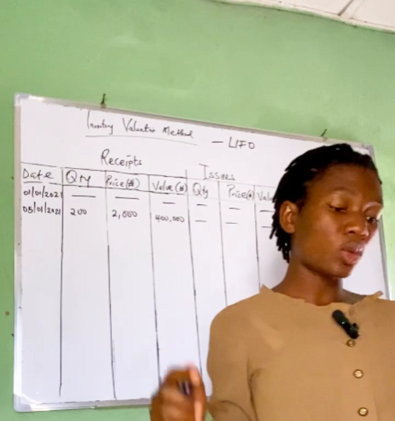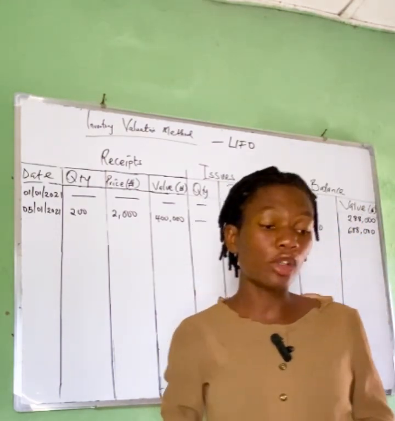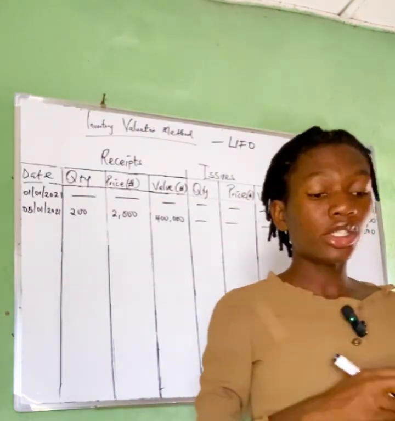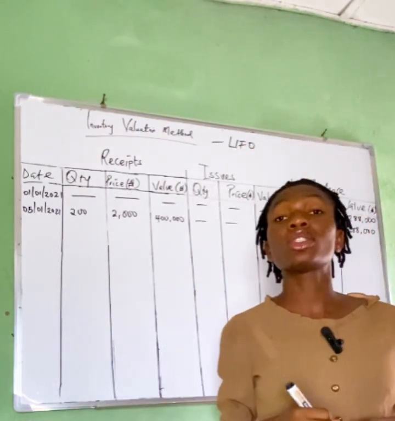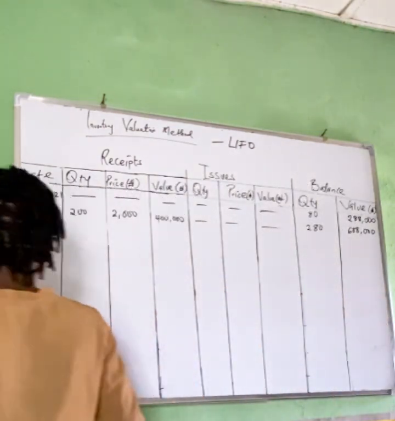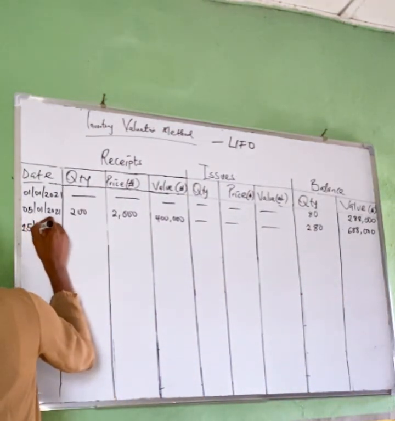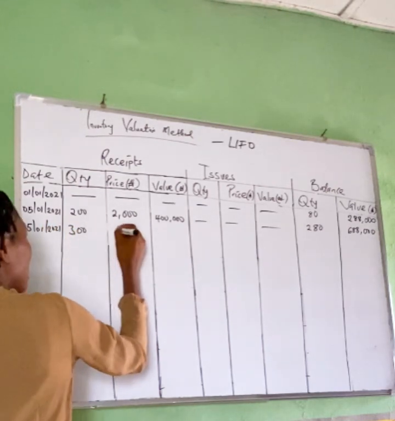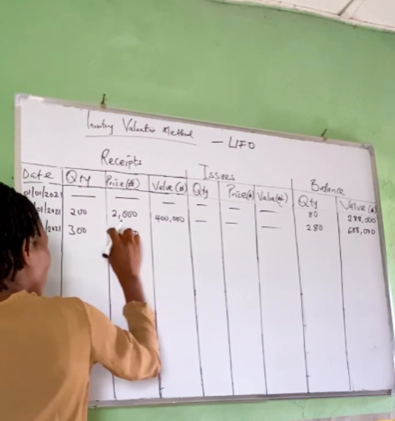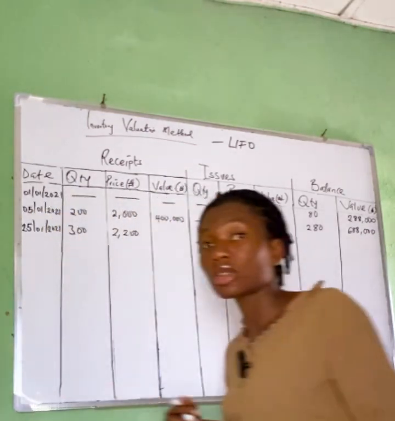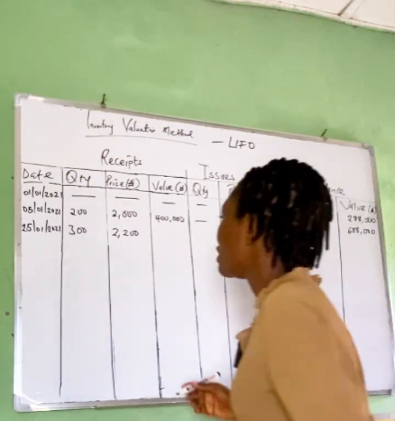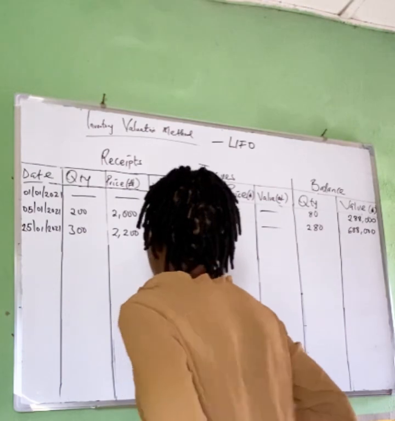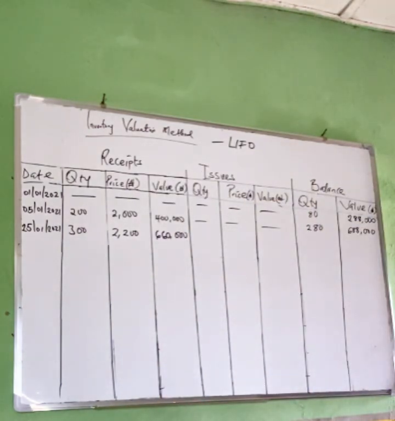The next transaction, on the 25th of January, we purchased 300 bundles at 2,200 naira each. So it's still a receipt. The price is 2,200 naira for each, and multiplying to get the value gives us 660,000 naira.